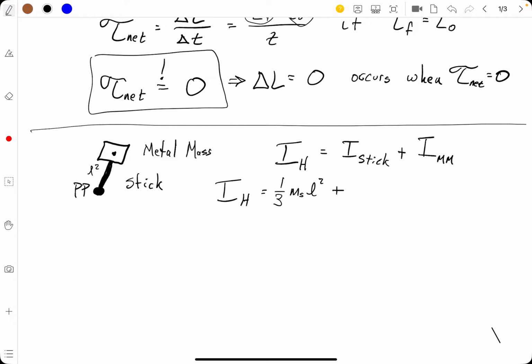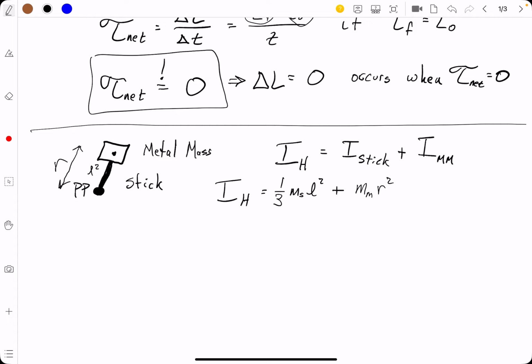And then we got to add in the mass of the hammer. But the mass of the hammer is the easy one, right? Because it's some distance r away, so we've got the pivot point there, the center of mass there, so it's some distance r away, and we're just working with that center of mass. We don't care about the rest of it. We're just going to worry about the center of mass. So we've got our mass of the metal mass and the distance r squared.